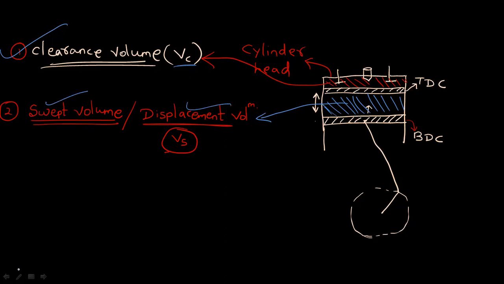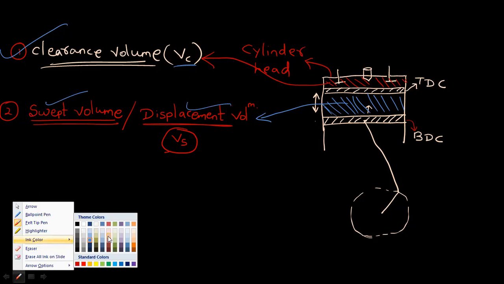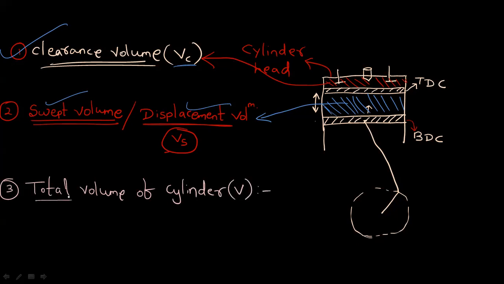And the third point is total volume of the cylinder. It is indicated as capital V. And what is total volume of the cylinder?